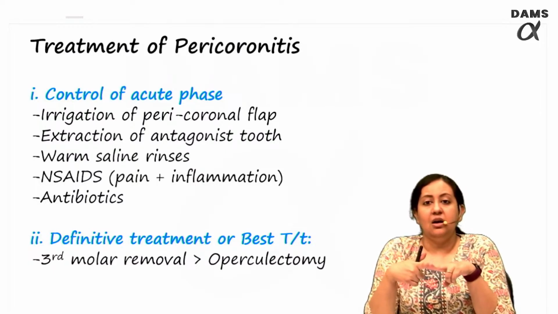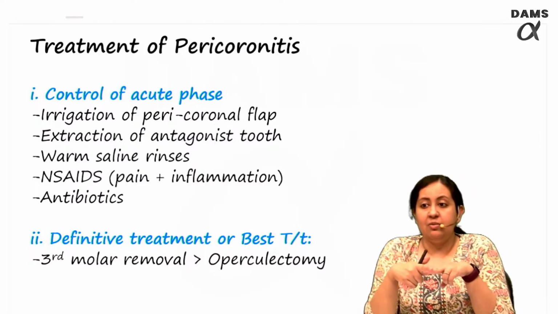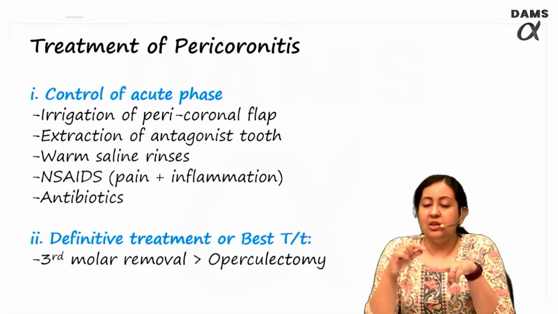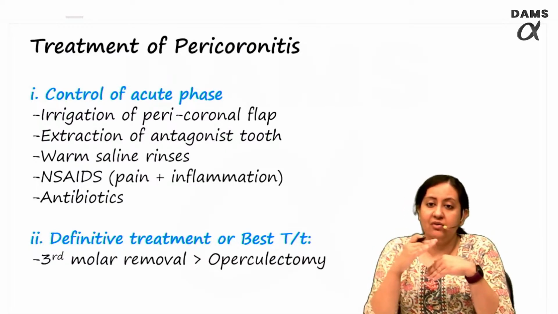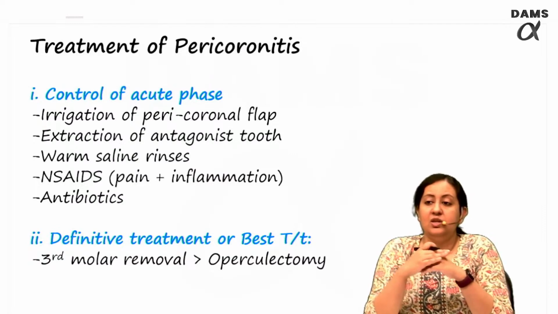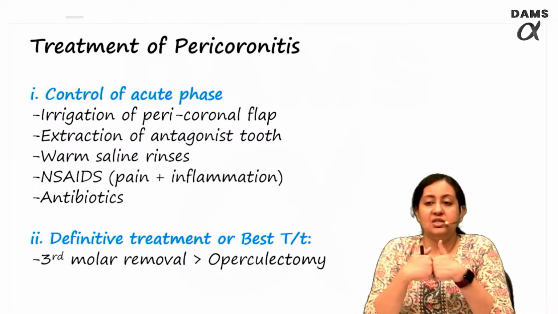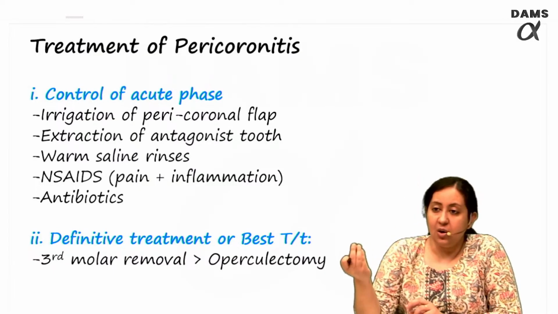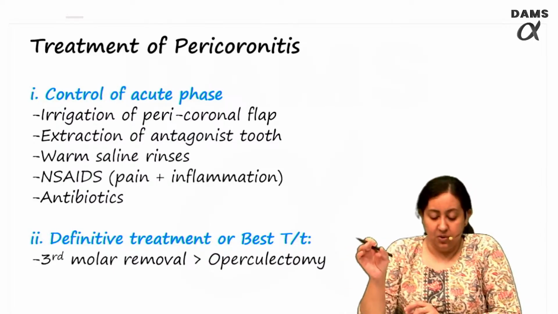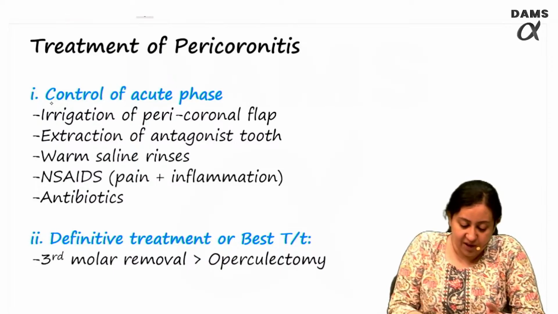Second type of treatment is an operculectomy, that is removal of the soft tissue flap which is covering the tooth or which is interfering between the occlusal surfaces of two antagonist teeth. And third one is removal of the third molar. Let's see one by one. So first one is control of acute phase.